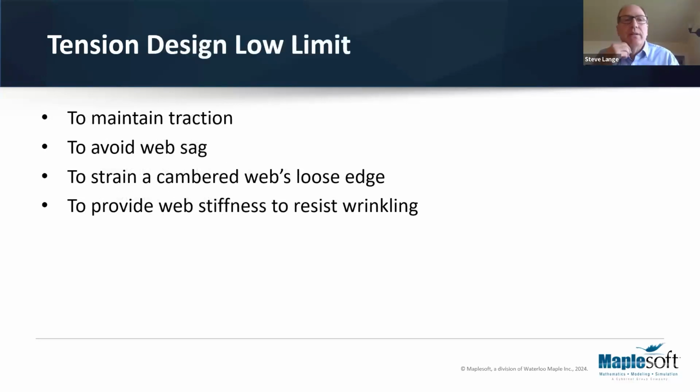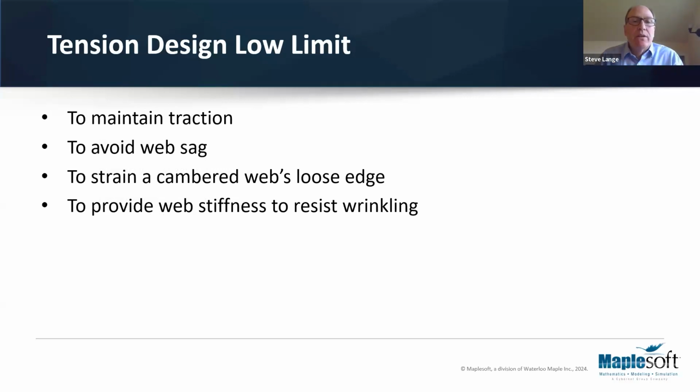So let's talk first about the low limit end of things. There's a minimum tension just to maintain traction. There's a minimum tension if your web is heavy and it sags between rollers. There'll be a minimum tension you need to reduce that sag.